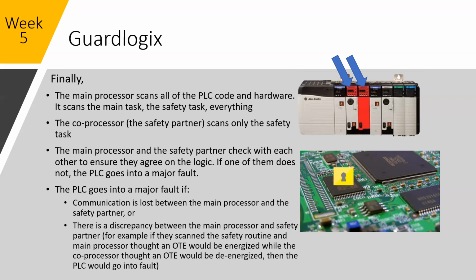And again, like I was saying, if there's a discrepancy between what the main processor feels the program should be doing with the logic and what the processor calculates as it goes through the same information available in the IO, if they don't match in any way, it's going to fault the processor.